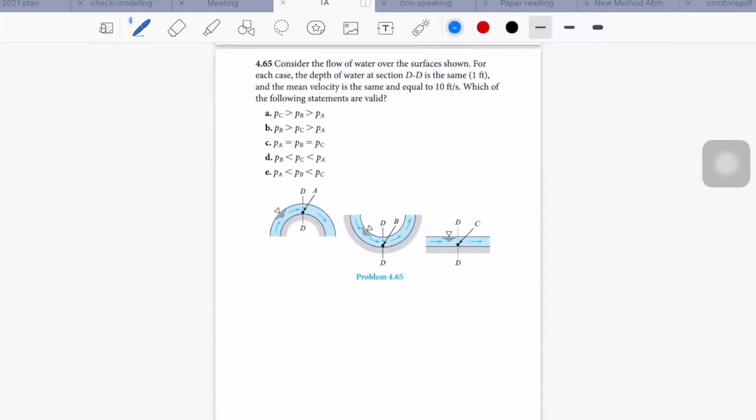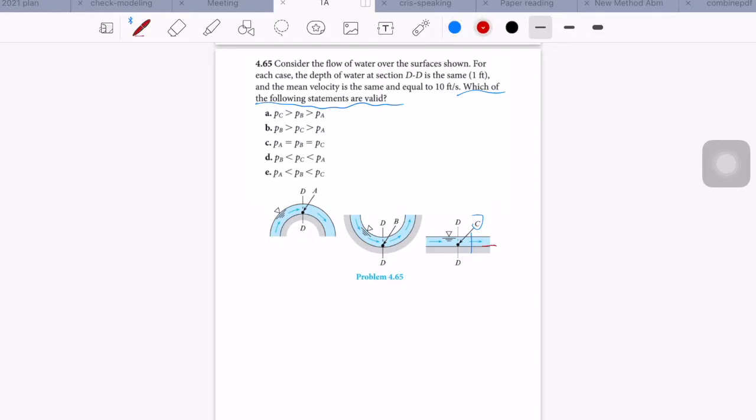For the second problem, we need to determine which of the following statements are valid. Let's look at point C first. We know when the streamlines are straight and parallel, the barometric pressure will be constant along a line that is normal to a streamline. And we'll show on the bottom of the section D is stated.